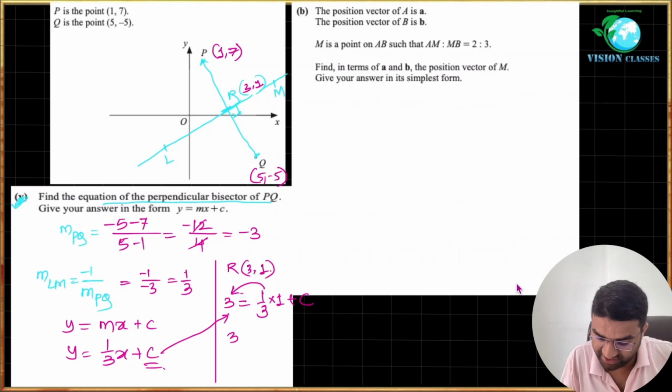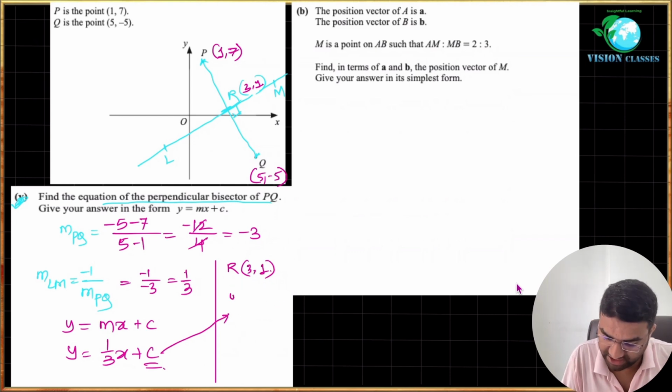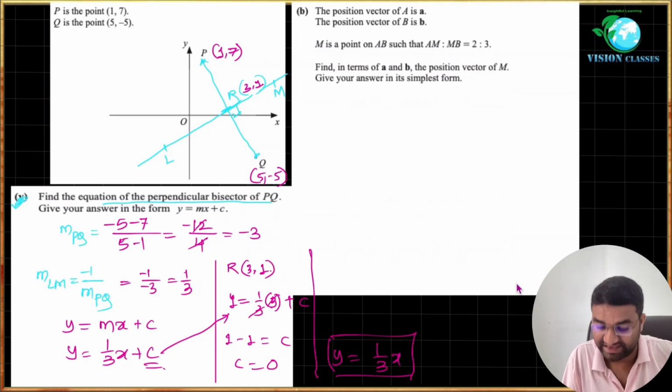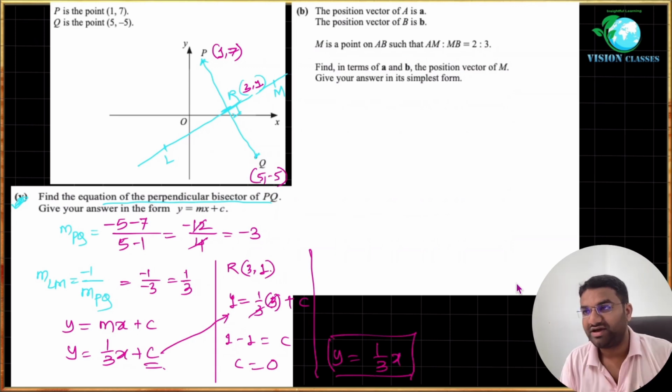Fine. So substitute it clearly here: y is 1, which is equal to 1 by 3 times 3 plus c. So the 3 gets cancelled out, it's 1. So 1 minus 1 is equal to c. c is equal to 0, which means we will get the equation y is equal to 1 upon 3 x, the equation of LM. Fine. I hope you are getting all these things step by step.